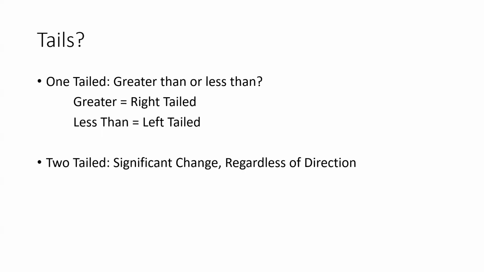Two-tailed is we're looking for a significant change or a significant differentiation, regardless of the direction. And again, just sort of go with me here. We're going to get into a lot more detail as we do examples of application in later lectures in the playlist. But for the sake of just presenting this topic generally from a fundamental perspective, just hang with me here. This will make sense as we continue through.